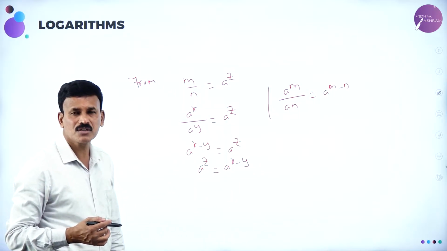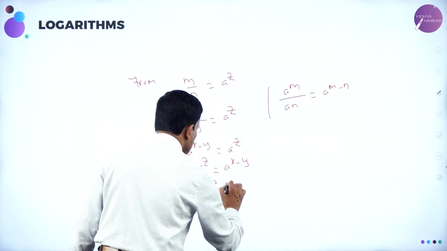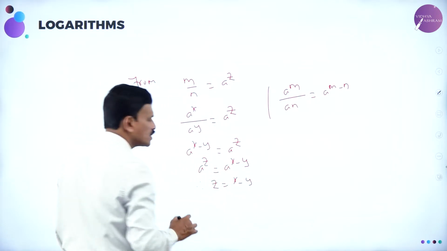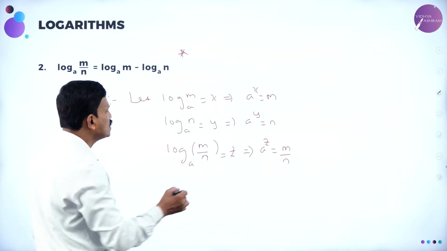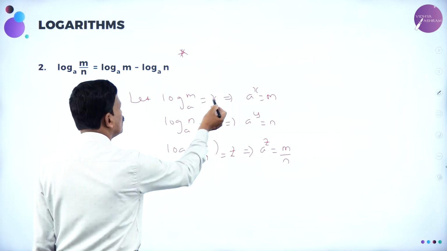Whenever the bases are equal, then the powers are also equal; a gets cancelled, therefore z is equal to x minus y. Now substitute the values of z, x and y. What is z? Log m by n. What is y? Log n to base a. What is x? Log m.